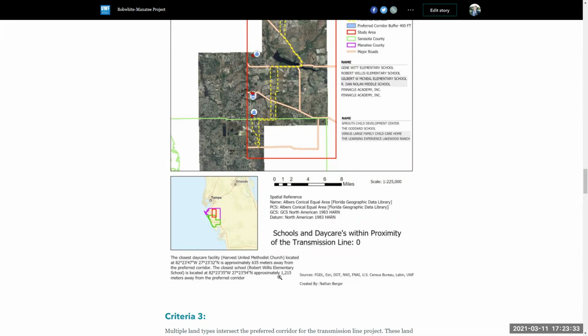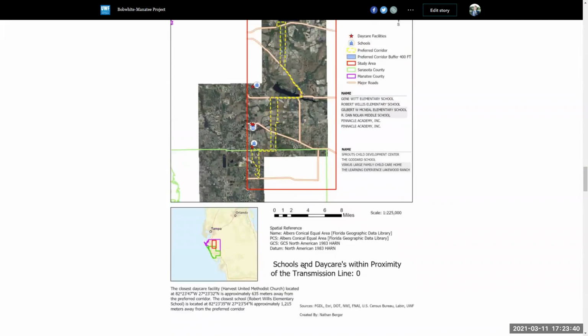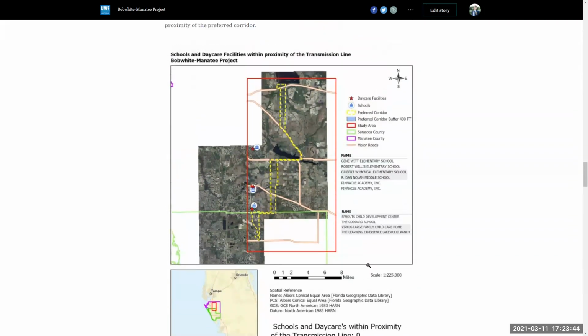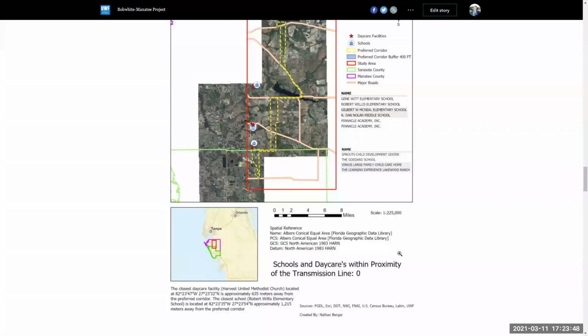But as you can see, one of them is over 1,000 meters away. The other one, the church, is over 600 meters away from the preferred corridor. So they're nowhere within proximity, which is good. So at least we don't have to worry about that from the scope of this project.